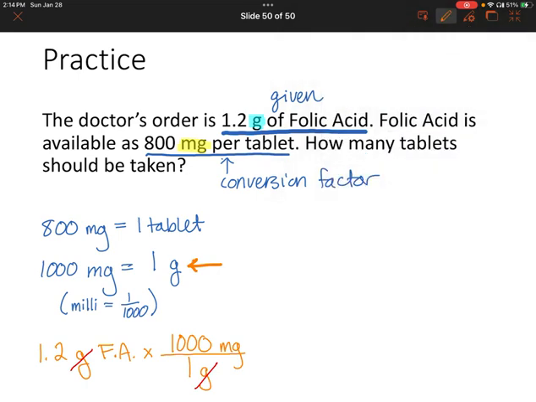And I can keep going, so I'm going to put my second conversion factor here. So I have milligrams right now, but I want to cancel it to get tablets. So I'm going to use that first conversion factor to cancel milligrams in the bottom, and I'll put 1 tablet in the top.